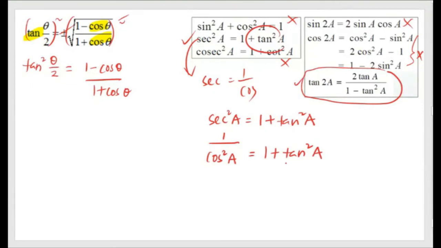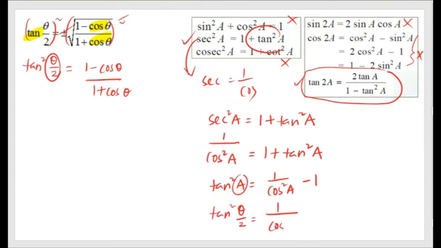So what is your tangent square A? Tangent square A equals 1 over cos square A minus 1. Okay, minus 1. After this, we change A to become theta over 2. Tangent square theta over 2 equals 1 over cos square theta over 2 minus 1.